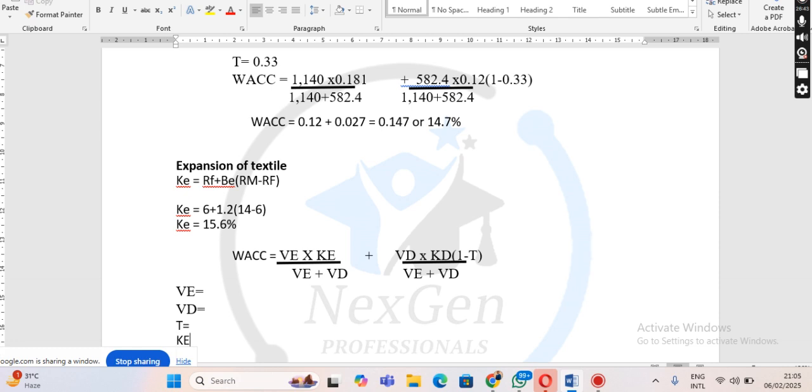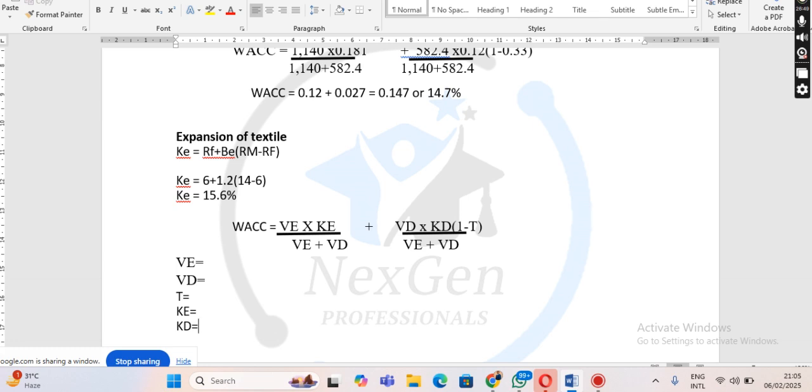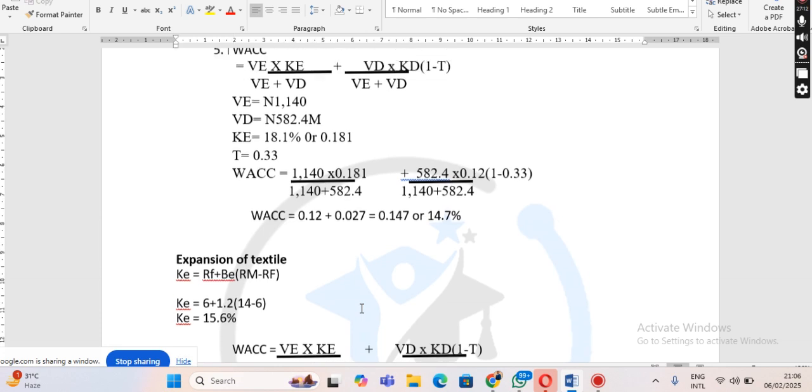And KD as well from the formula, which is the cost of debt. Don't forget, if the cost of debt is post-tax, they've taken tax into consideration. If it is pre-tax, they've not taken tax into consideration. Now, the value of equity, don't forget, is for the main company. Now, for the textile, let's go back to the question.